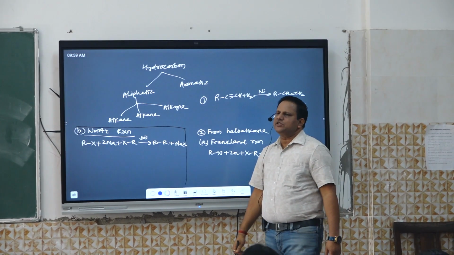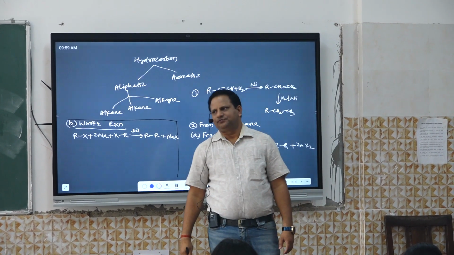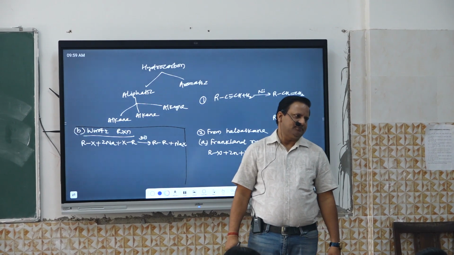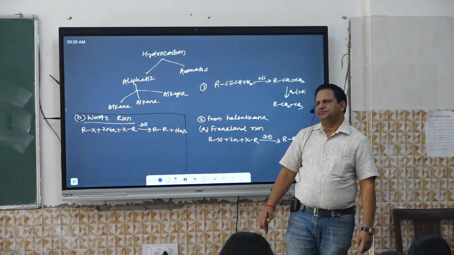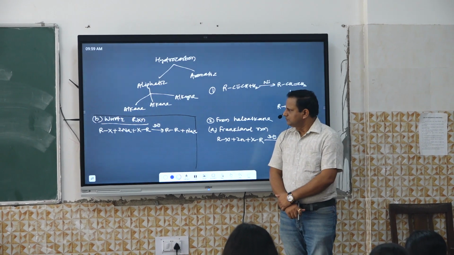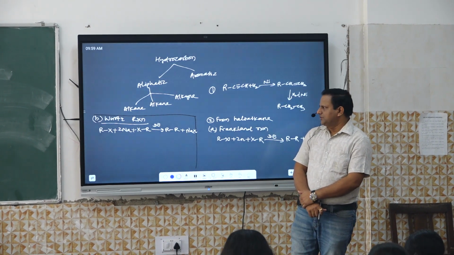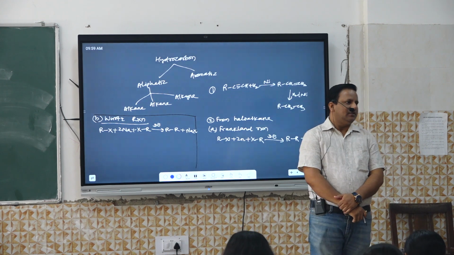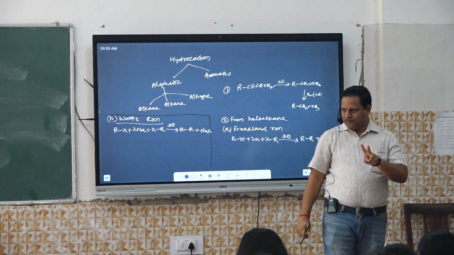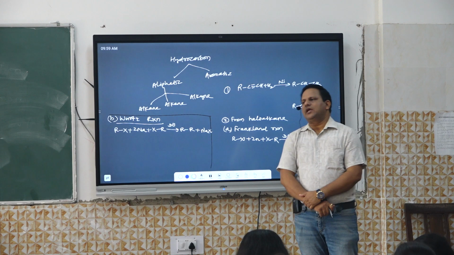So is there any limitation of Wurtz reaction? Any limitations of Wurtz reaction? Quickly note down. Limitations of Wurtz reaction. Can you prepare methane by this method? No. We need at least two alkyl groups. So first, methane cannot be prepared.